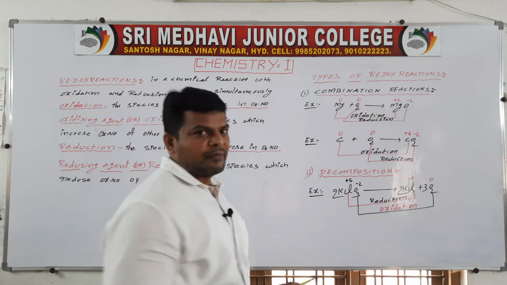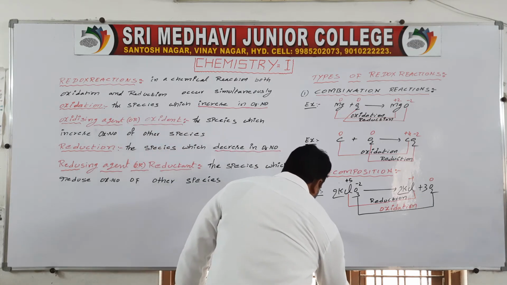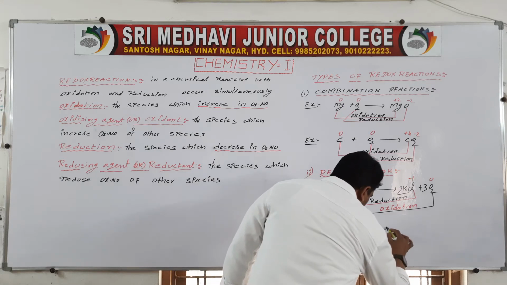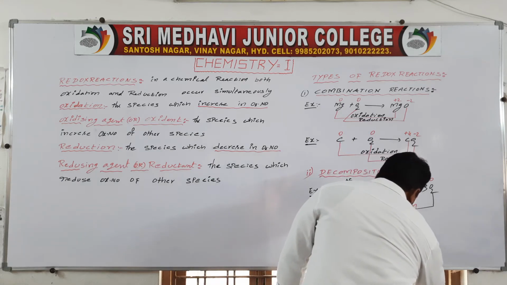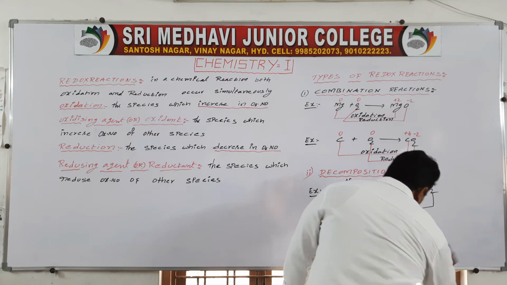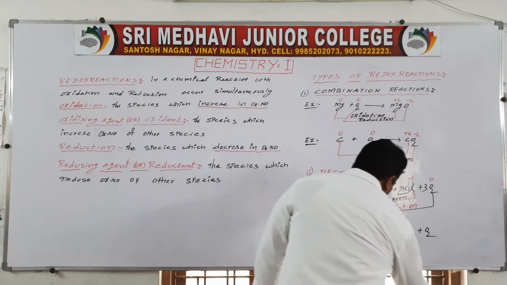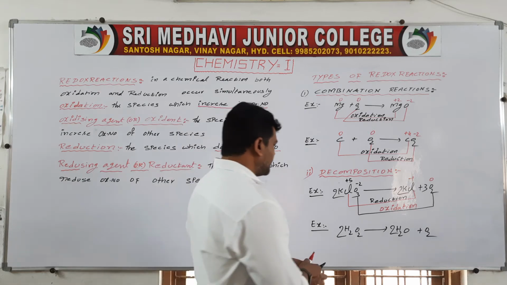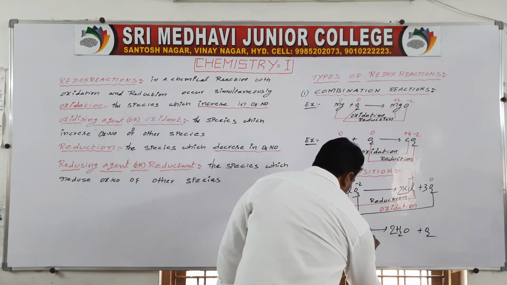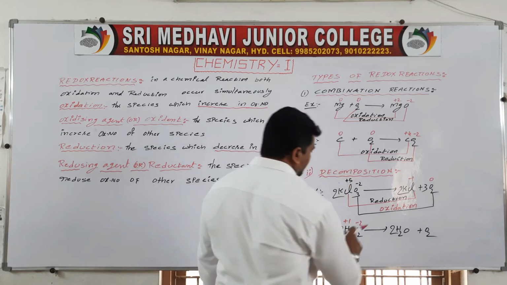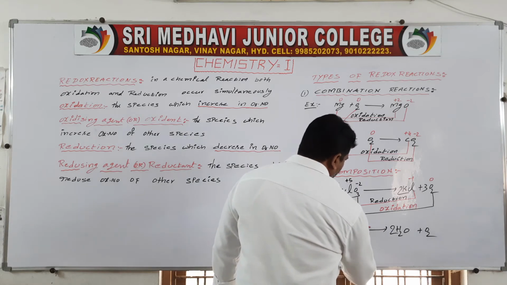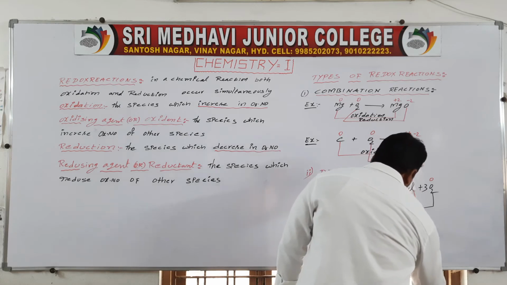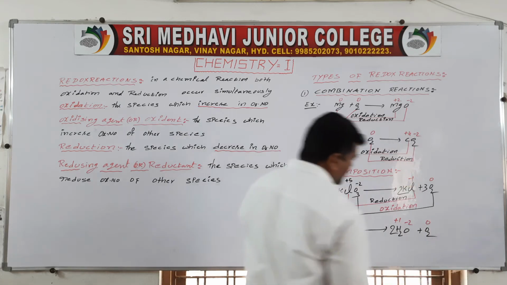One more example we will discuss. H2O2 decomposes to H2O plus O2. If you take 2, then it is balanced. Here the oxidation states are +1, -2, -1. Peroxide has -1. So here +1, -2, 0.